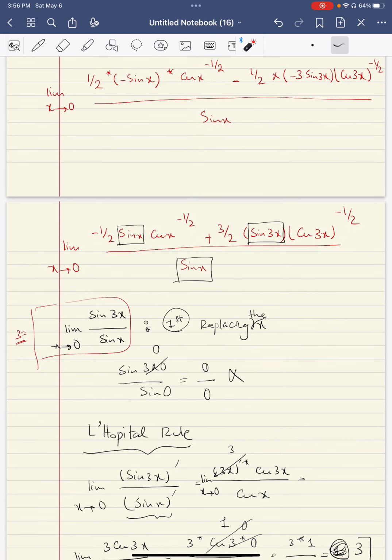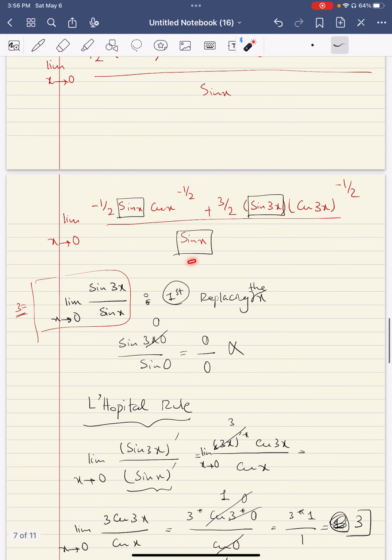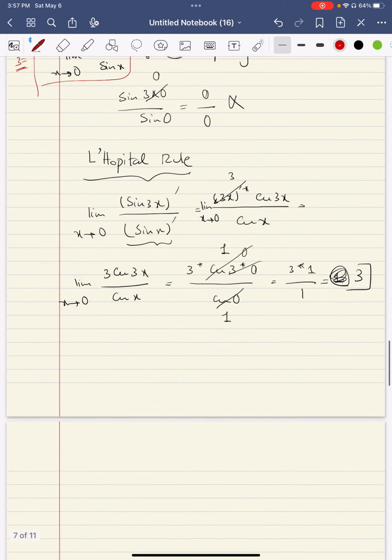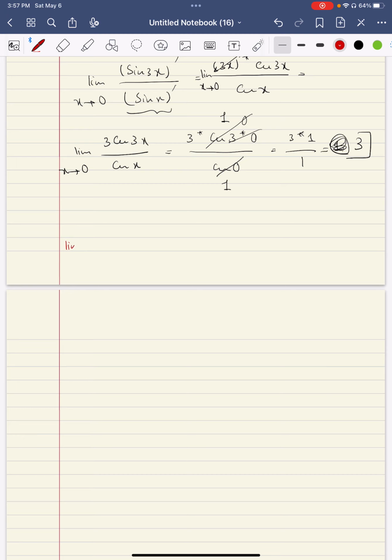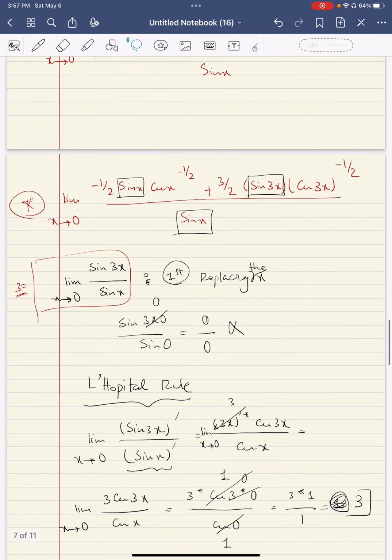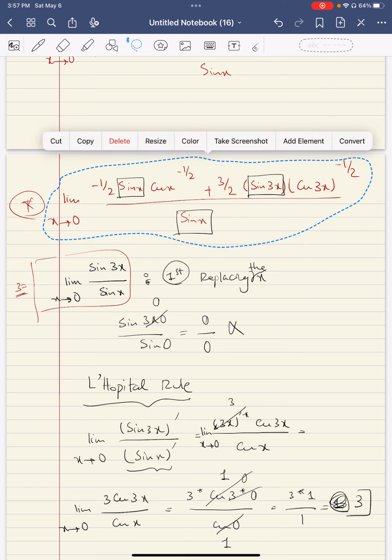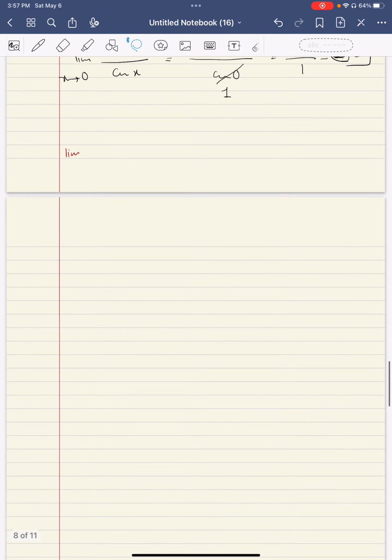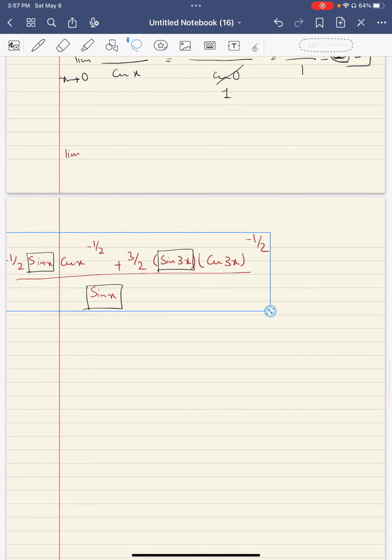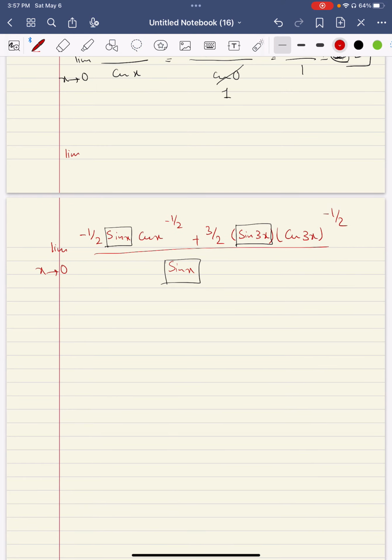Alright, so now I can cancel out all these sines in here. How? Let's write this in here once again, or let me just copy it like this. It would make my life easier. So I can cancel out these guys. This would be 3, this would be 1, this would be 1, right?